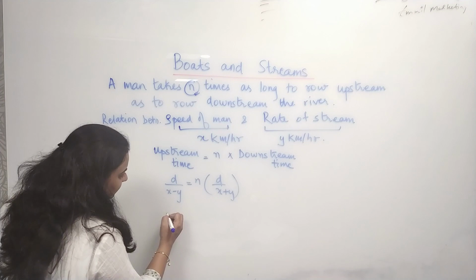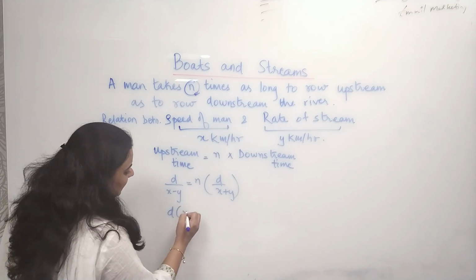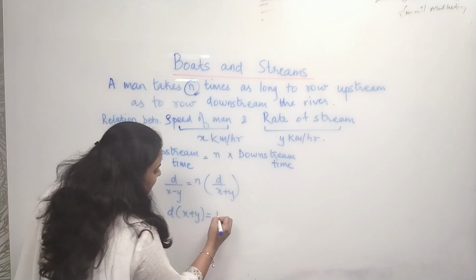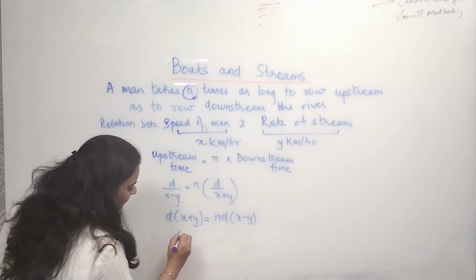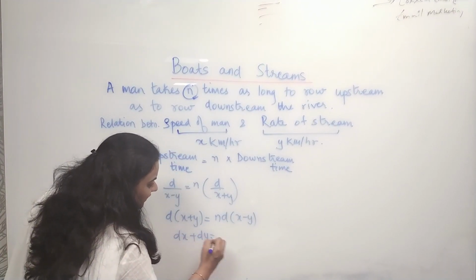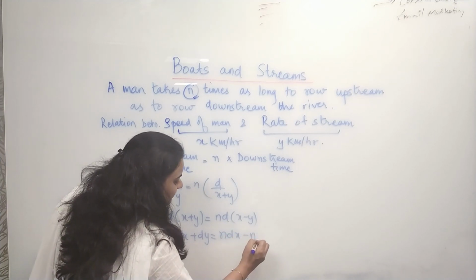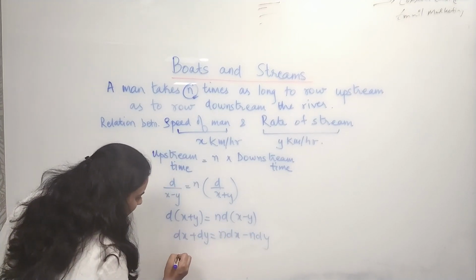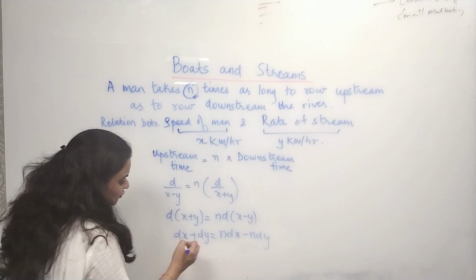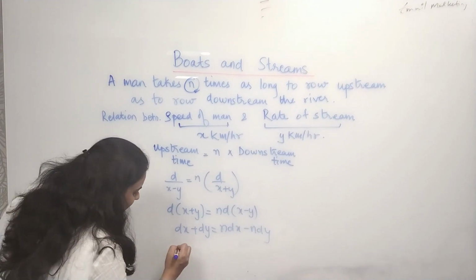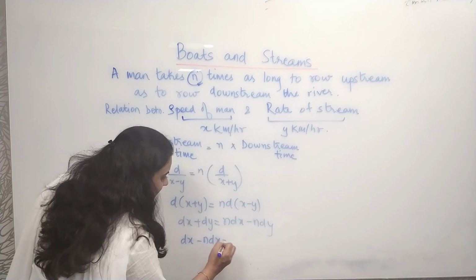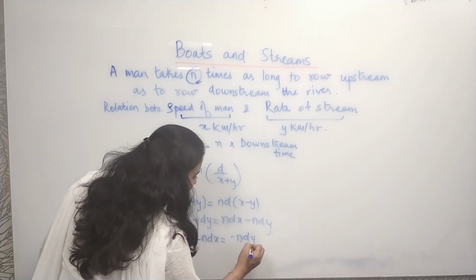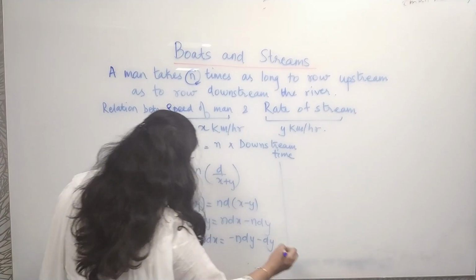So solving this further, we get d into (x plus y) is nd into (x minus y). dx plus dy is ndx minus ndy. Bringing all the x terms to the left and all the y terms to the right, we get dx minus ndx is equal to minus ndy minus dy.